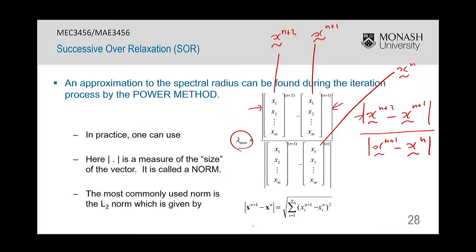It's given by this modulus, equal to the square root of the sum of the squares of the vector components: we sum the squares over each of the components, and then take the square root. That tells us how long this vector is. If we do this with each of these pairs of iterations, we can come up with an estimate of lambda max, and then substitute that into our expression for the optimal value of the relaxation parameter.